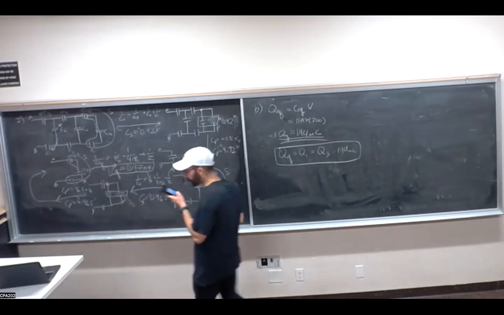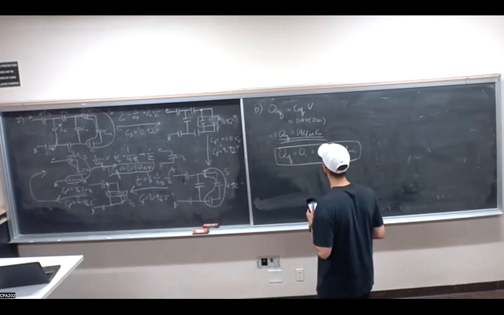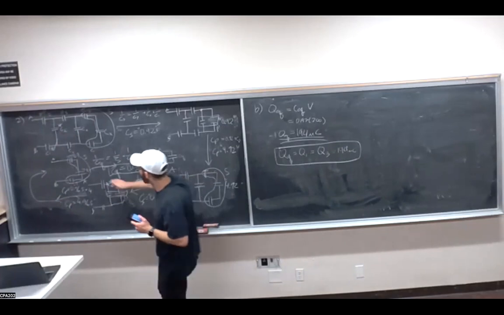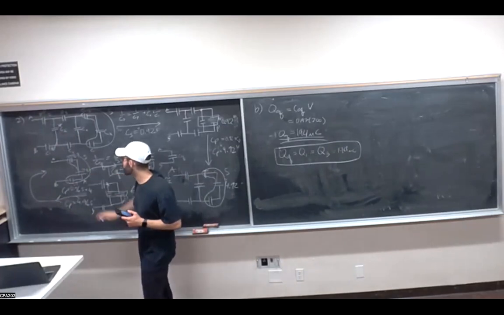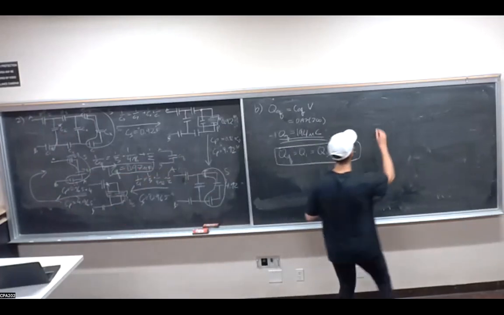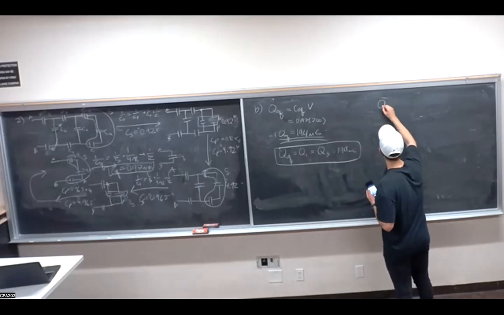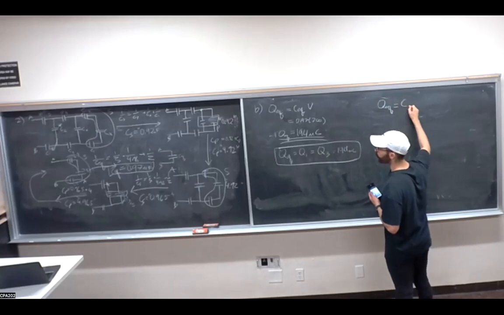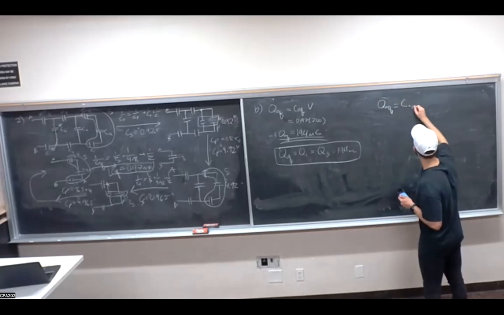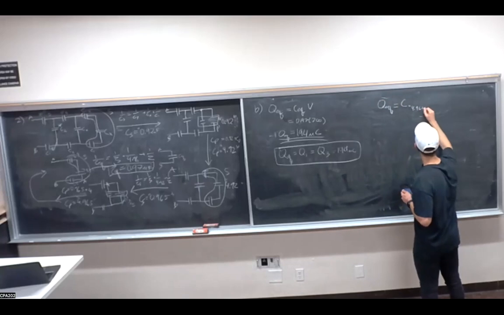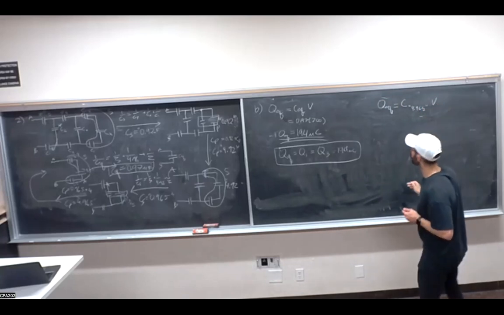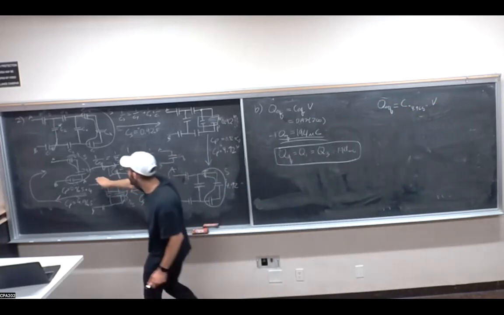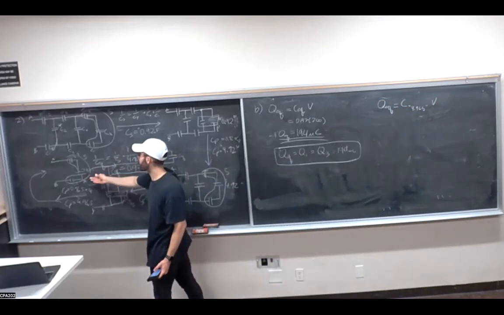So to do this, we're going to need to calculate the voltage using QEQ of this position. So we'll say QEQ is equal to C, what was it, 4.965 times V. So a few things are known. First of all, this is also a part of this series of capacitors, so it does have that same QEQ, right?